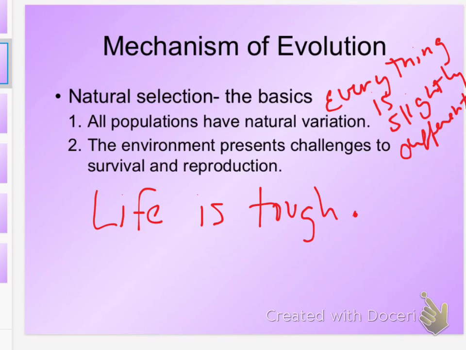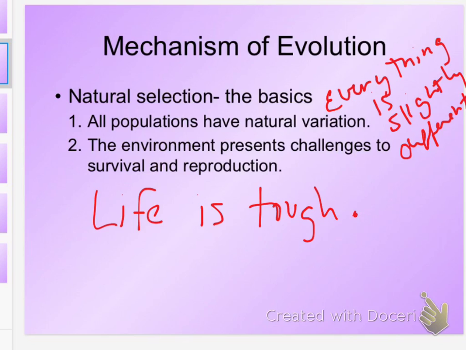So, life is tough. It's less tough for modern humans than it has been for most of our history, which is nice. I rather enjoy the fact that I can walk out in my backyard and there is no large carnivore that's going to come at me.